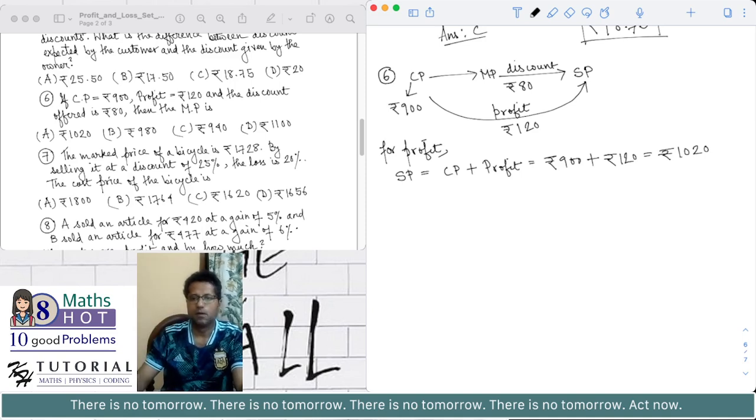Okay, now also selling price is equal to mark price minus discount.